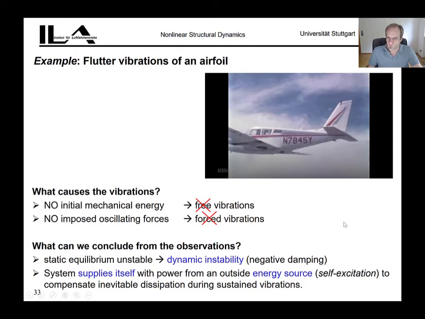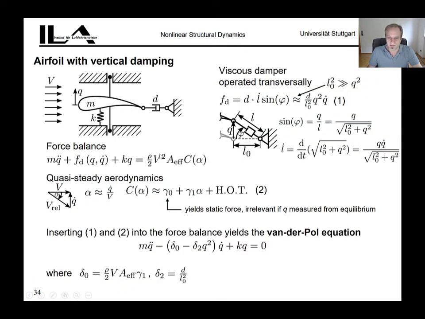We will in the following discuss a very simple prototype that is not really linked to this bending torsion flutter, but to other types of dynamic instability that can occur also for aerodynamic or aeroelastic systems. So actually we are considering this setup here of an airfoil that is exposed to a constant velocity of the flow.